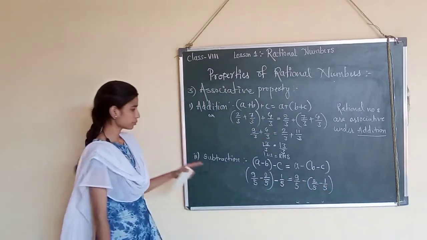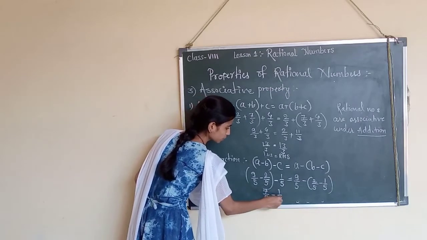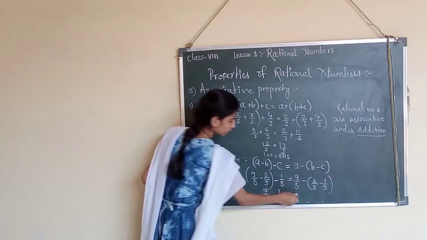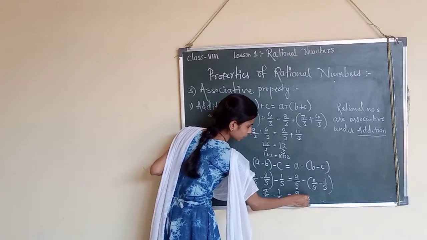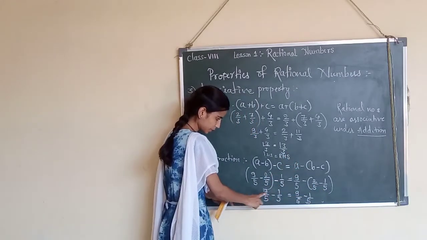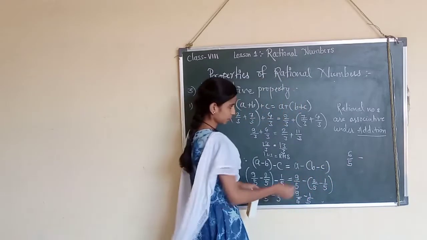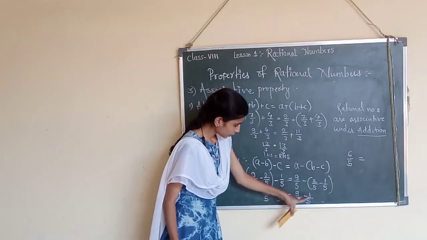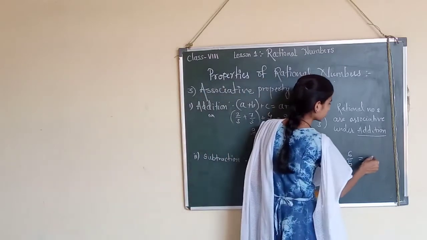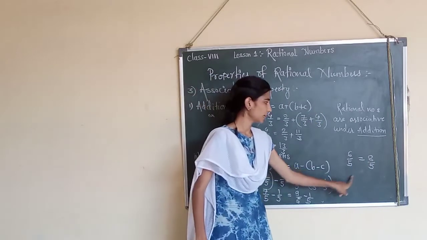Now first we'll solve this bracket. 9 minus 2 is 7/5 minus 1/5, and 9/5 as it is minus, we'll solve this bracket 1/5. Now subtraction of 7 minus 1 will be 6/5, and 9 minus 1/5 means it is 8/5. Now this is LHS and this is what?